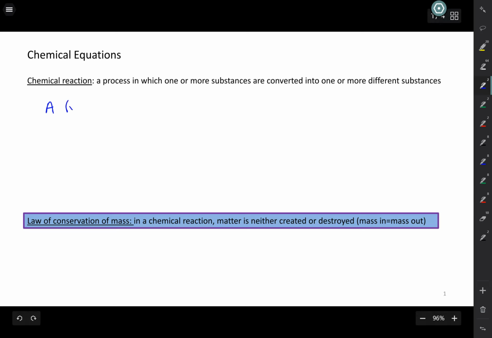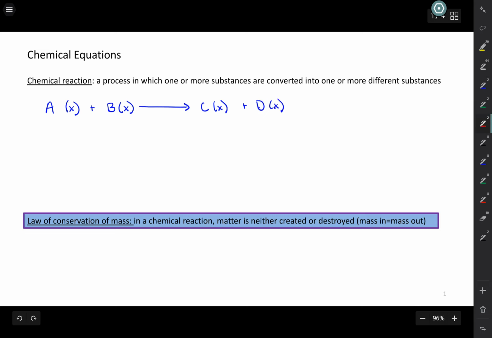element in a certain state reacts with another molecule, compound, or element in a state, and those react and are transformed into another compound and maybe another compound, each in their different states.